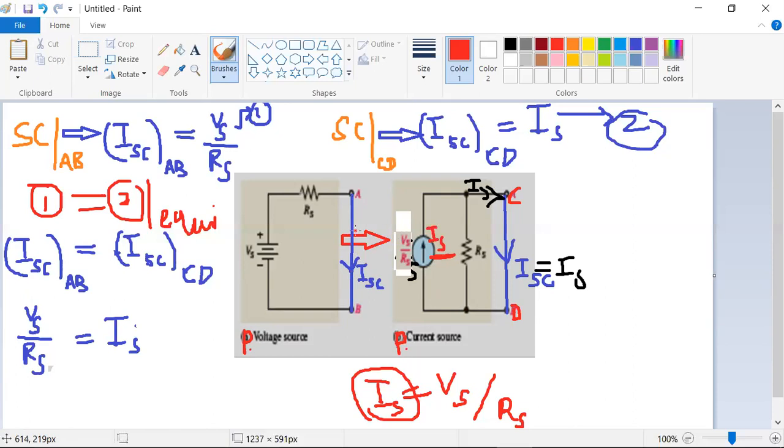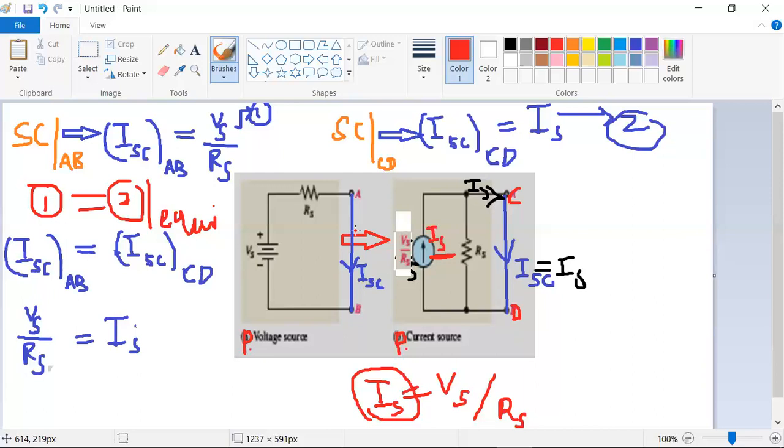So that is the reason for the conversion of voltage source to current source. Understand my point? For the current source, you need to short circuit the outermost terminals. Now for converting current source to voltage source, please note down my point clearly.